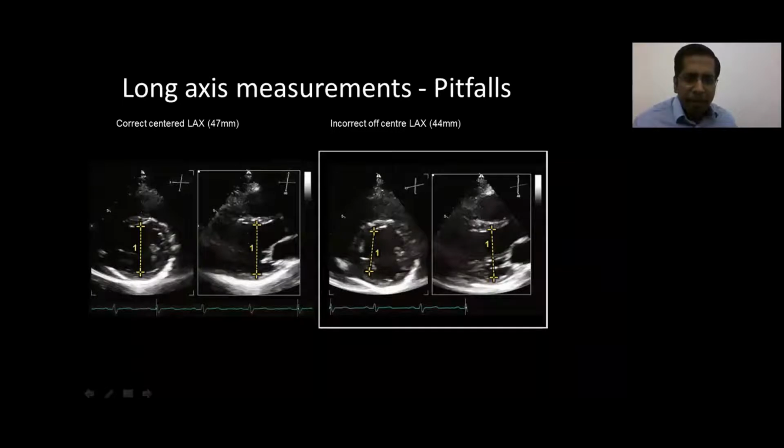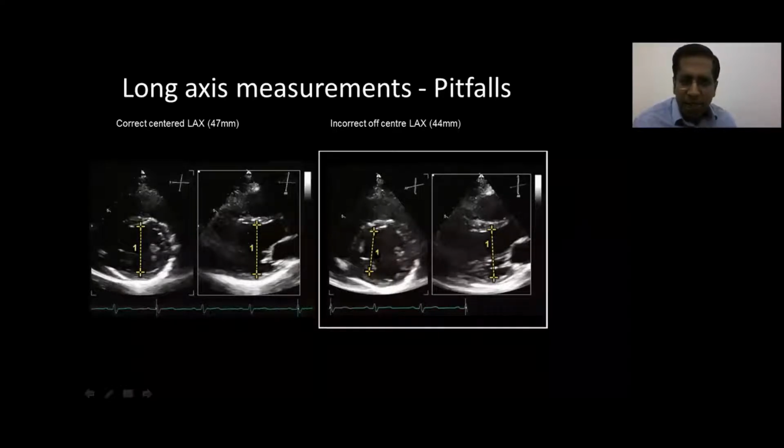When we do the long axis measurement, it is very important to ensure that it's a properly centered image. That would mean that we would get the maximum diameter of the left ventricle, as you can see here. So this has been shown with multiplane imaging, that if you take the orthogonal view, the maximum diameter here corresponds to the maximum diameter here.